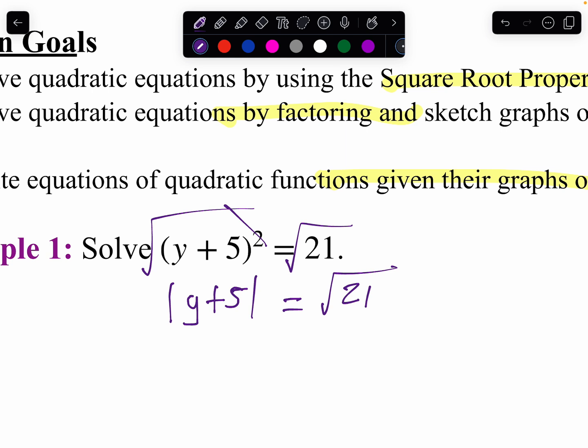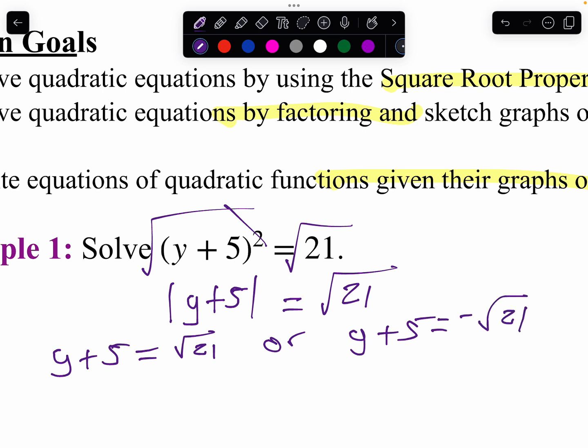Go back to what we learned before. When you have an absolute value, you have to make two equations. So y plus 5 equals the square root of 21, or y plus 5 equals negative square root of 21. To solve this, we just minus 5 from both sides.